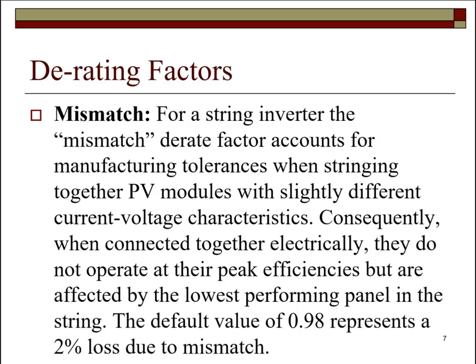As stated before, modules exiting the assembly line do not all have the same output. These mismatched modules may be placed in series with higher performing modules. This acts like a weak link in a chain. That series will perform at the level of the lowest performing module.